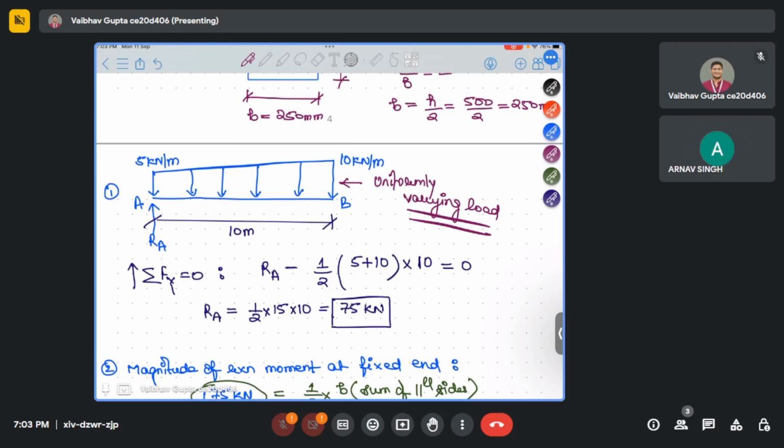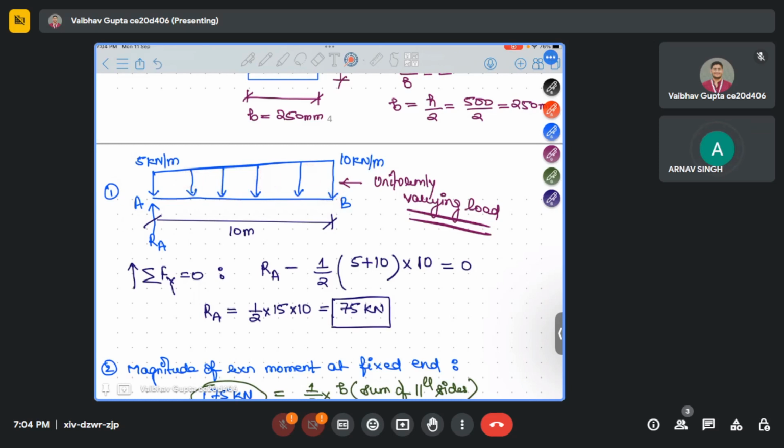Since this is a uniformly varying load, you can see the shape is like a trapezoid. If we draw the free body diagram, at point A the reaction will be applied like this. At point B no reaction will be applied because it's a free end, and the load is applied like this.